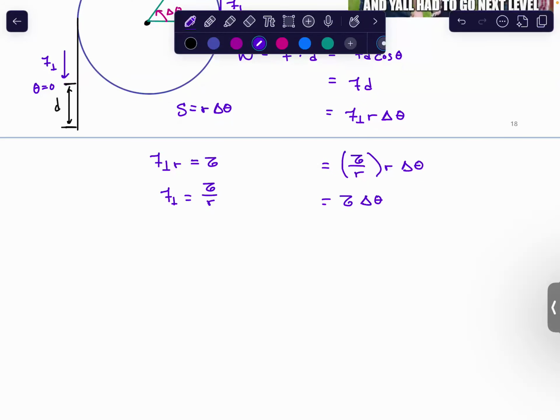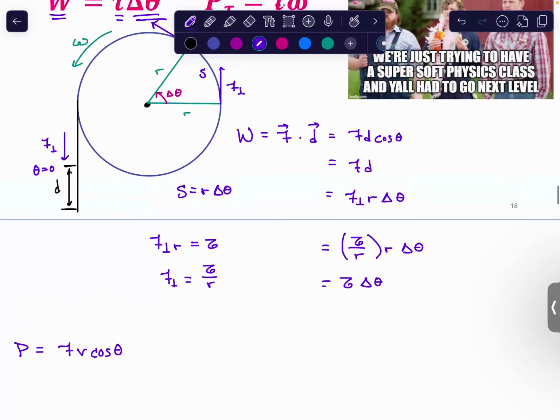So then we say, well, what about power? Remember that power is going to be force times velocity times the cosine of theta. This time, we're thinking about one of these individual perpendicular forces, and we know that we have an angular velocity, but we also know at each one of these individual little spots, we have a linear velocity, again going that way.